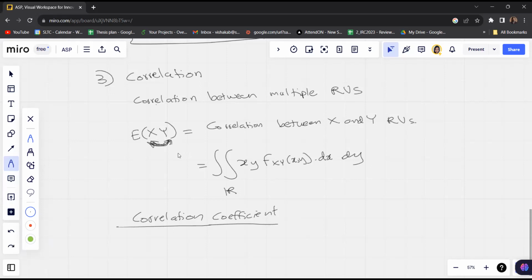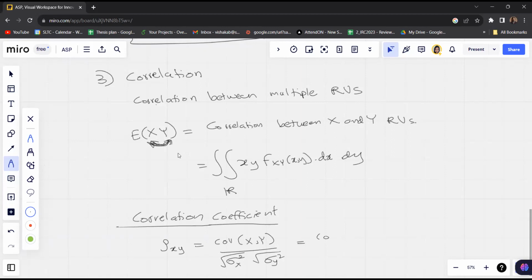It is defined as the covariance that we discussed earlier, covariance xy, divided by the square root of the variance of x and the square root of the variance of y.